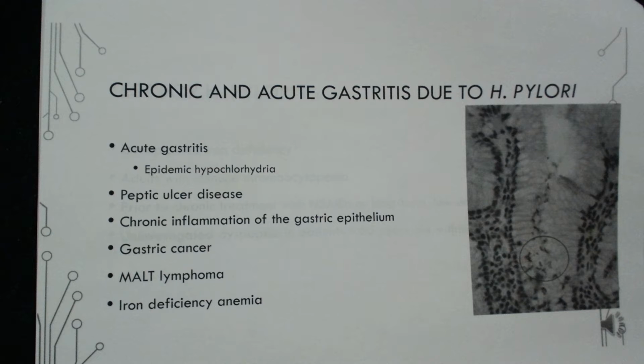So this leads to chronic inflammation of the gastric epithelium, and this chronic inflammation has been linked with a higher risk of gastric cancer. It's also been linked with a higher risk of the mucosal associated lymphoid tissue lymphoma, and also because this organism is very good at sequestering iron, it can cause an iron deficiency anemia.